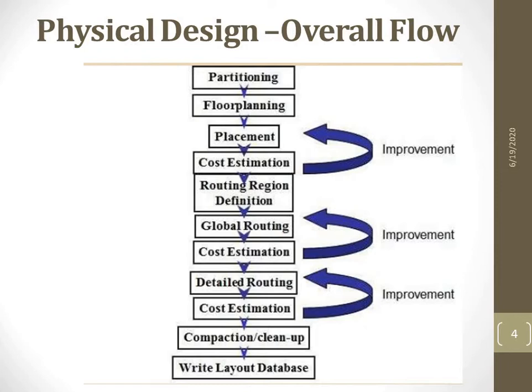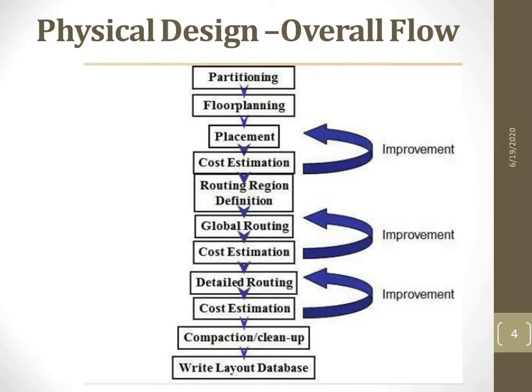Before placing these blocks, the cost estimation is a must so that we can make some improvement in the placements. Then comes the routing region definition, where the routing is a must for the clock lines and the supply lines. We are supposed to route them, and the connection of the blocks is also done using the routing. So this has to be defined.